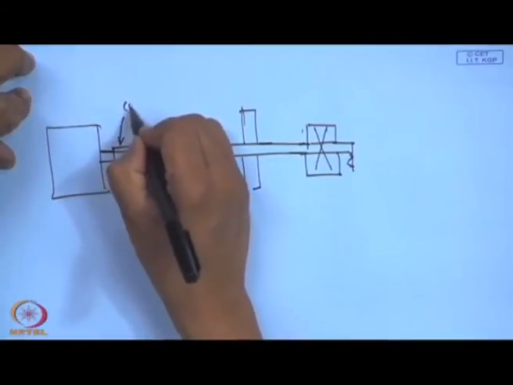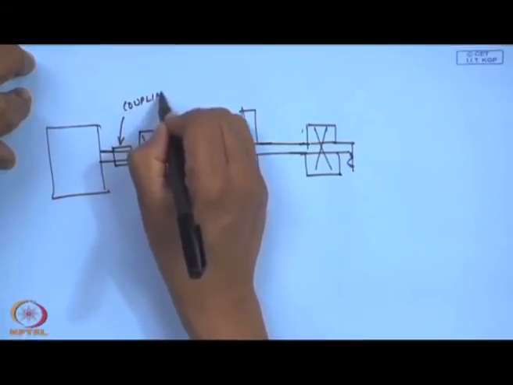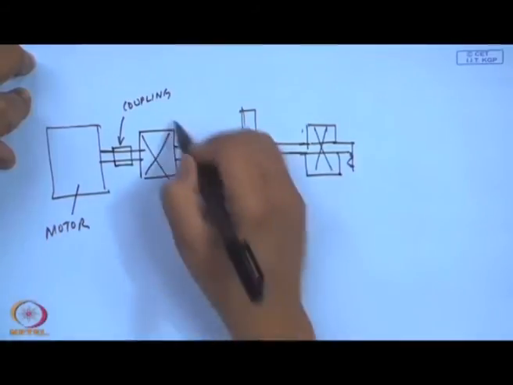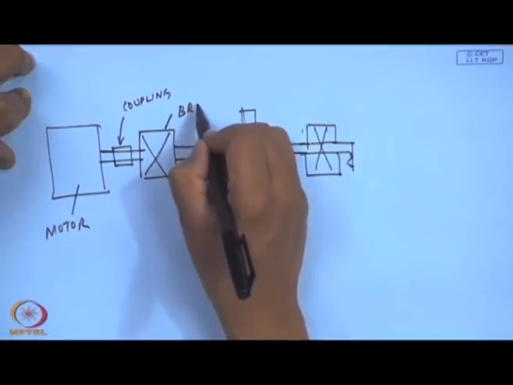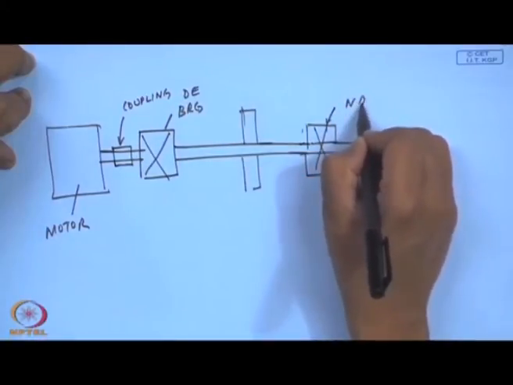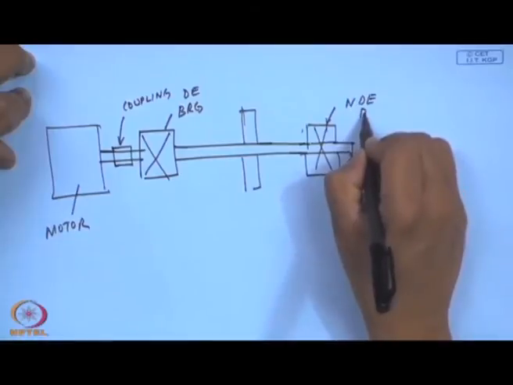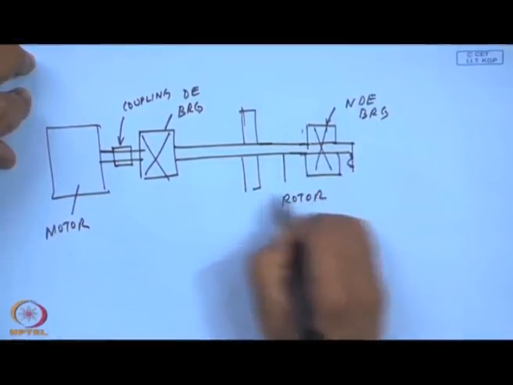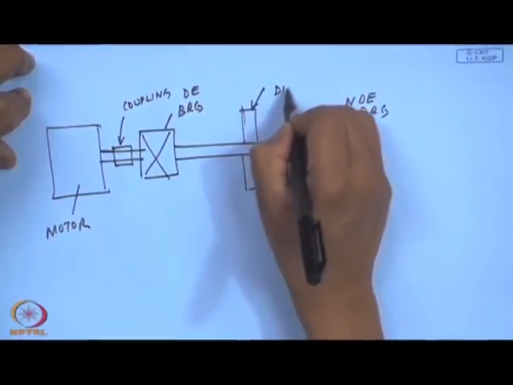So, this is the coupling, this is the motor, and this is the drive end bearing. This is the non-drive end bearing. This is the rotor, and this is the disc.